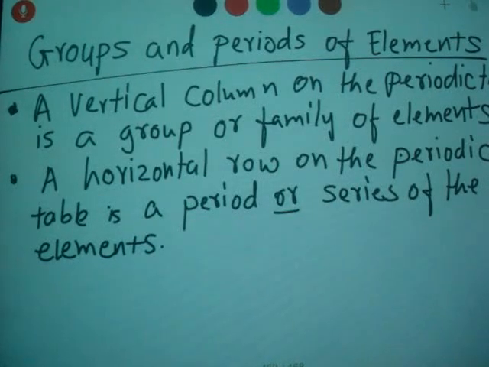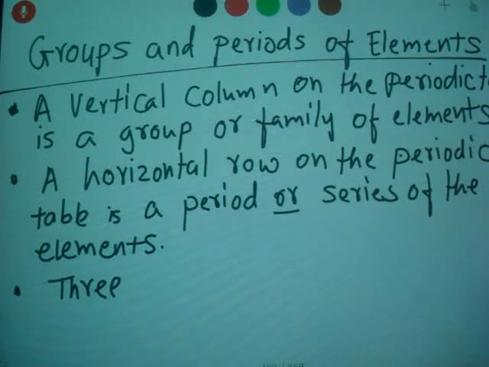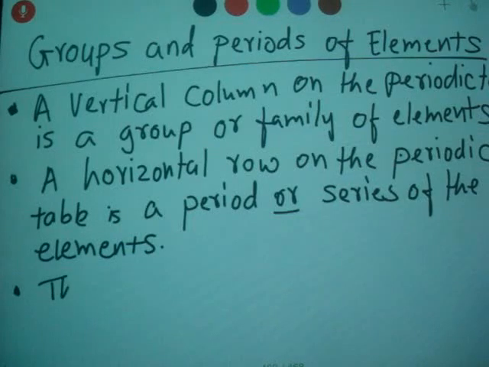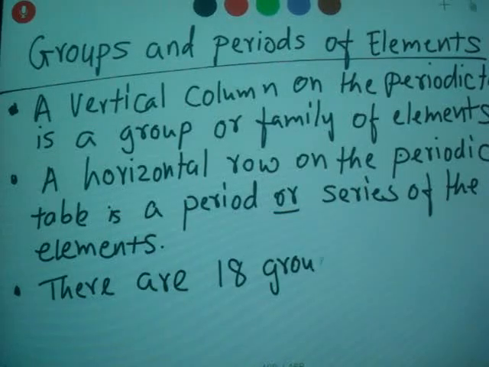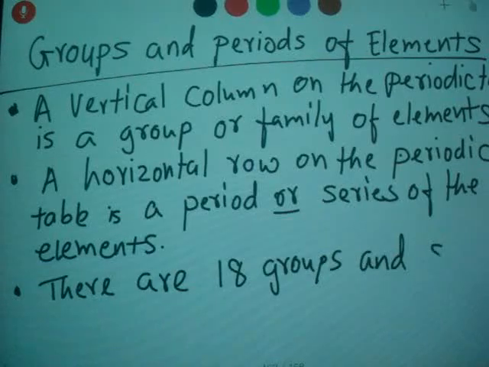So when you look at the periodic table, you can find there are 18 groups, columns, and 7 rows.